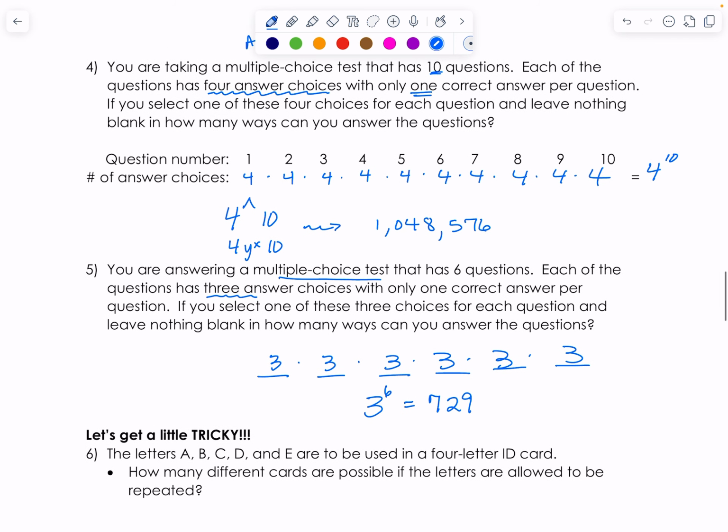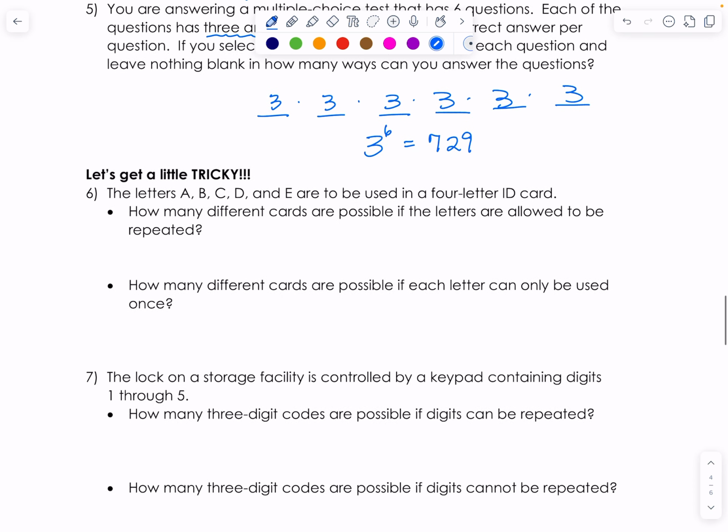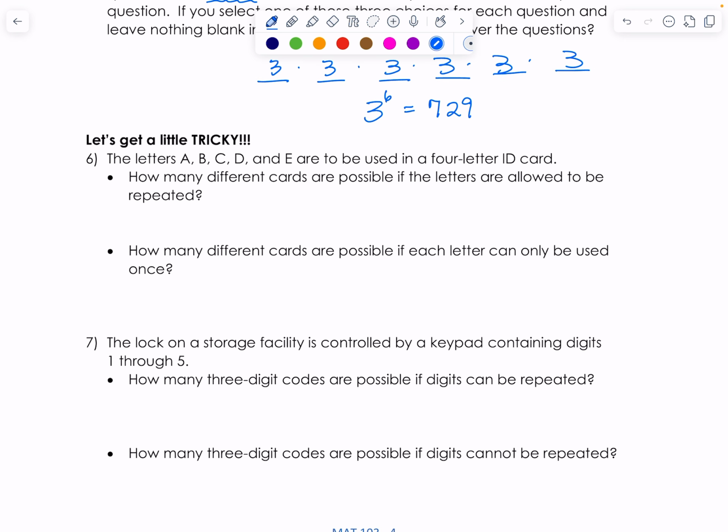Okay, so we're going to start getting a little bit tricky, and as we get trickier, it actually is more applicable. So here we are. You have the letters A, B, C, D, and E, which are going to be used to make a 4-letter ID card. We're going to mix them up, and we're going to see how many different cards are possible if the letters are allowed to be repeated.